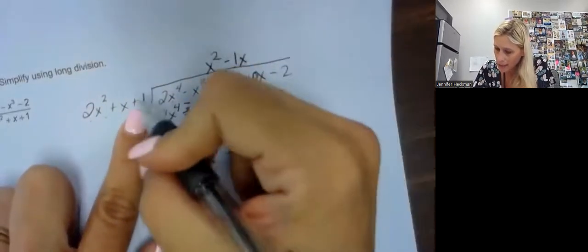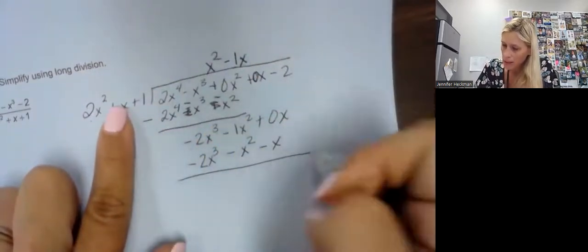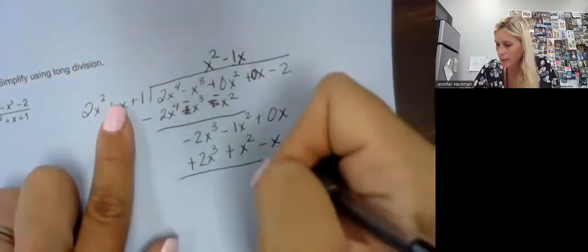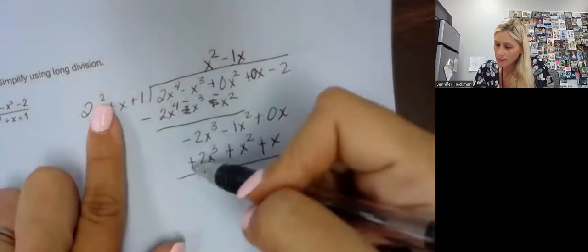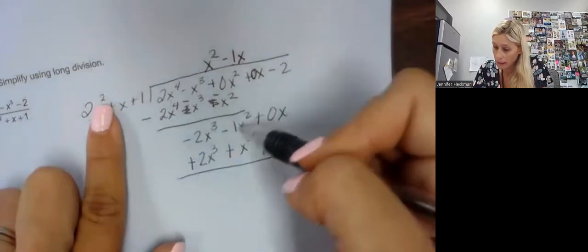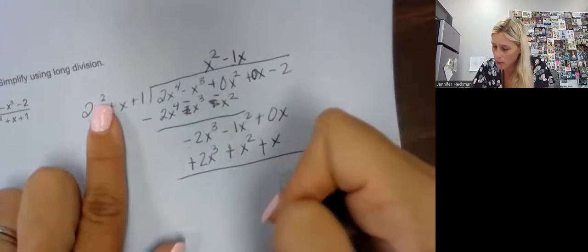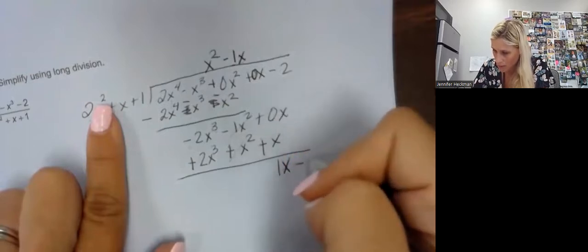Negative x times 1 is a negative x. Okay. Now I'm going to change my signs to be able to add. So these cancel, these cancel, and then I've got 0 plus 1 is 1. Bring down the negative 2.